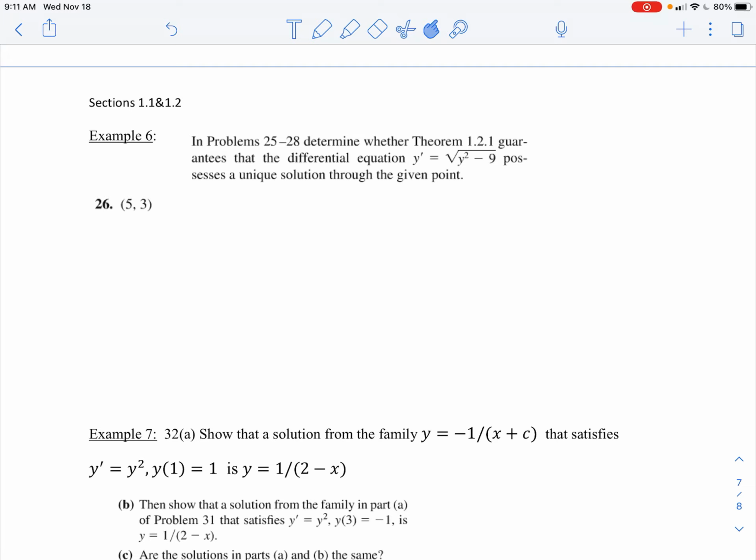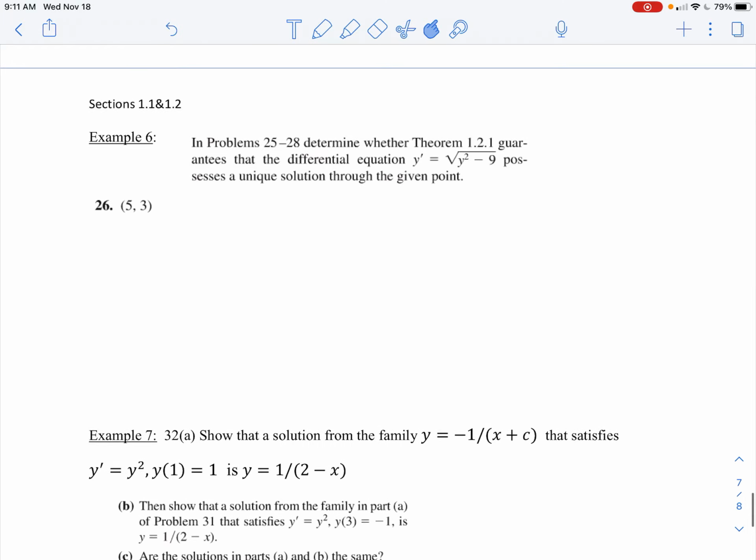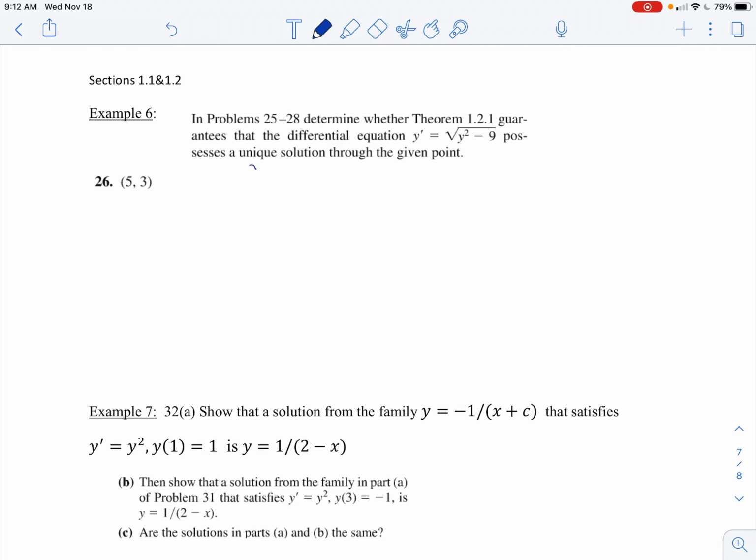So, example 6, we're going to determine whether 1.21 guarantees that a difference equation possesses a unique solution through the given point. And so here we have the point 0.53. What we're going to do is look at our f of x. When we look at f of x, we get the square root of y squared minus 9.